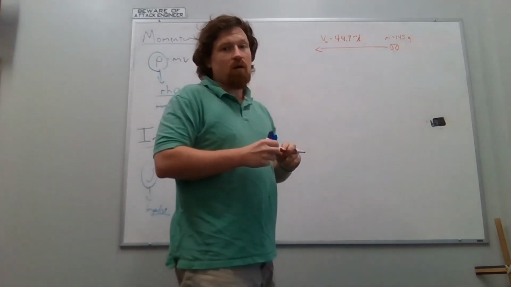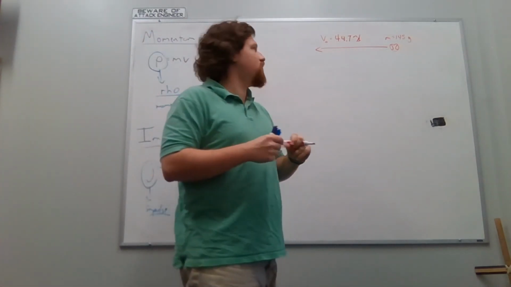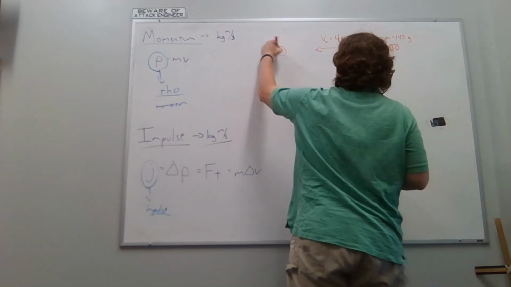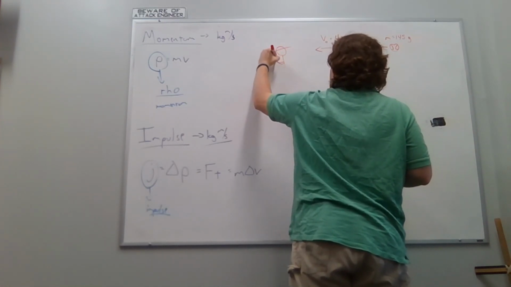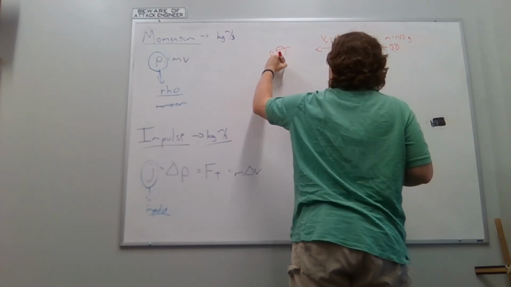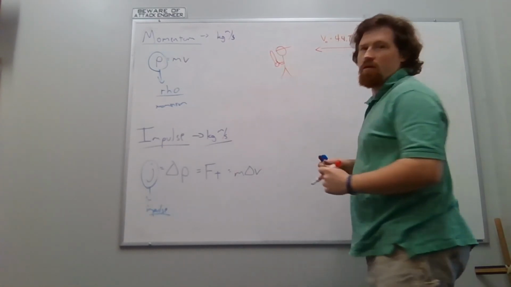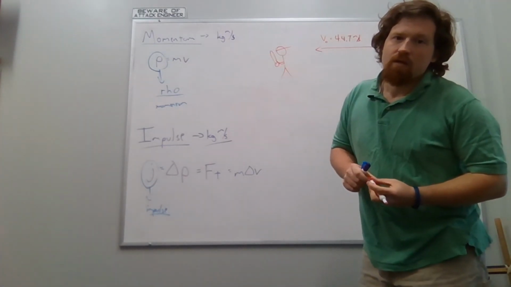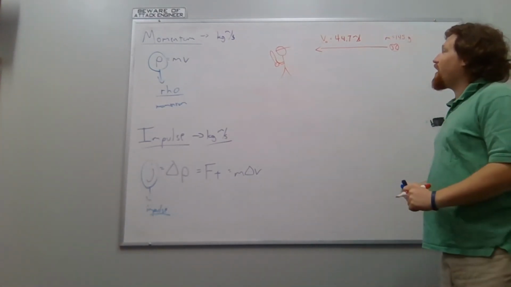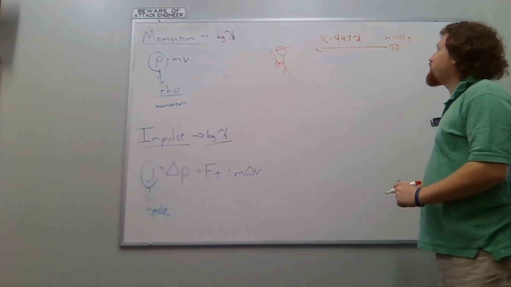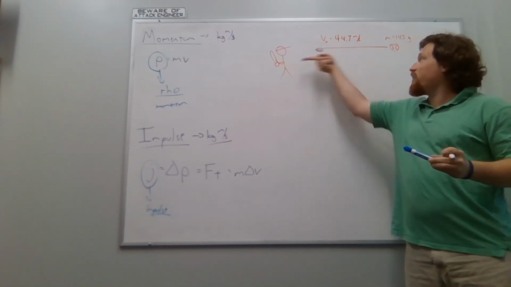So, additional numbers that we have that the problem tells us about how Babe Ruth managed to hit this particular baseball. So, the ball approached Babe and the bat at 44.7 meters per second in this direction.